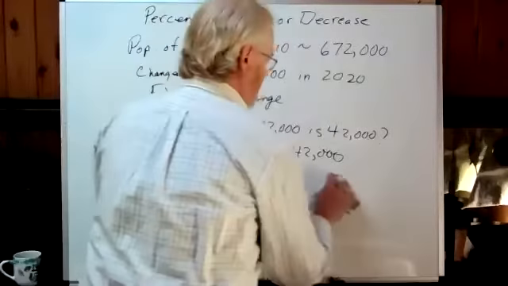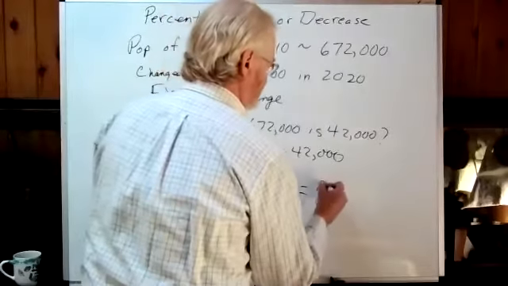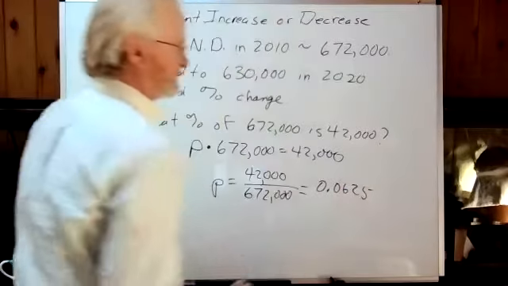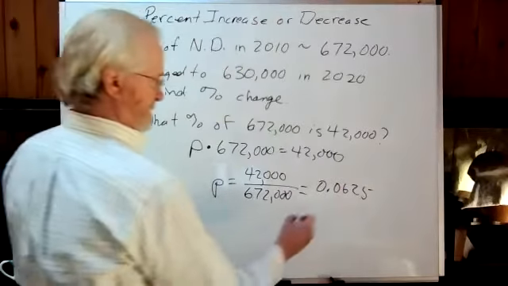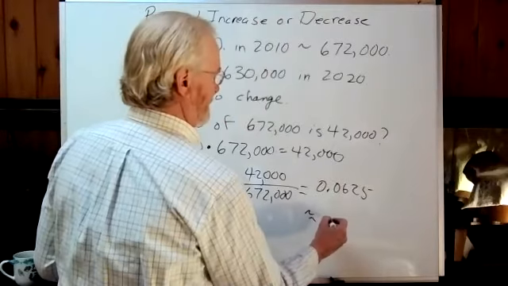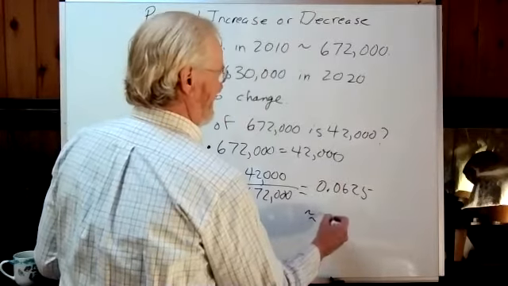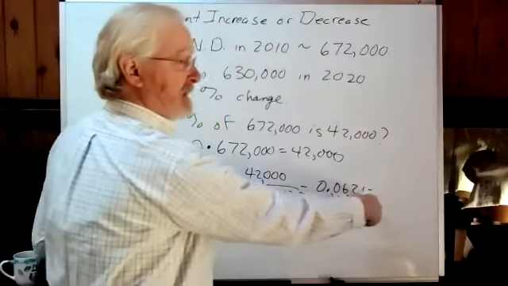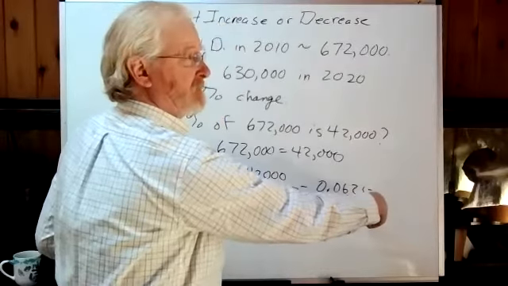Now, is that your decimal answer? That's my decimal answer. But my actual percentage answer would be 6.2% or 6.25. I'm not quite sure how far out I should go. Now this one, were there more decimal places?